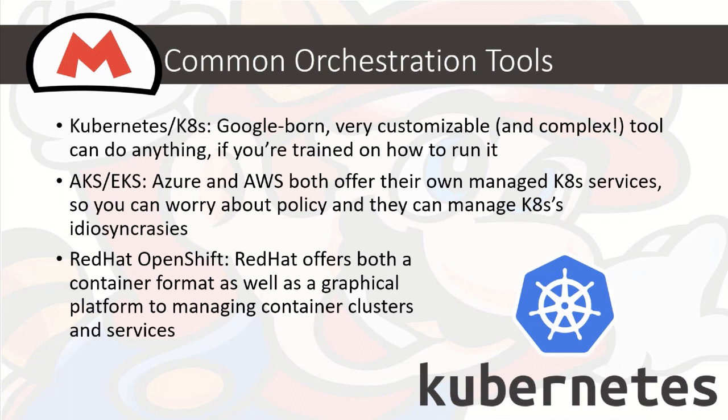Yeah, and with AKS, EKS, they're basically handling the overhead of the orchestration layer. They're handling the overhead of the hosts under the hood, right? So they're really abstracting a lot. Is that fair to say? Correct.